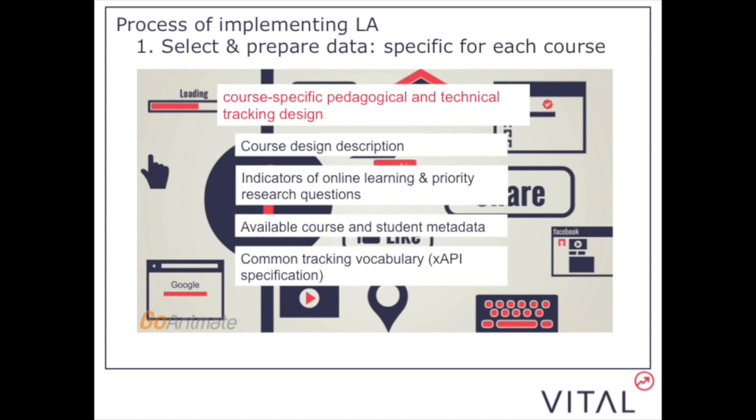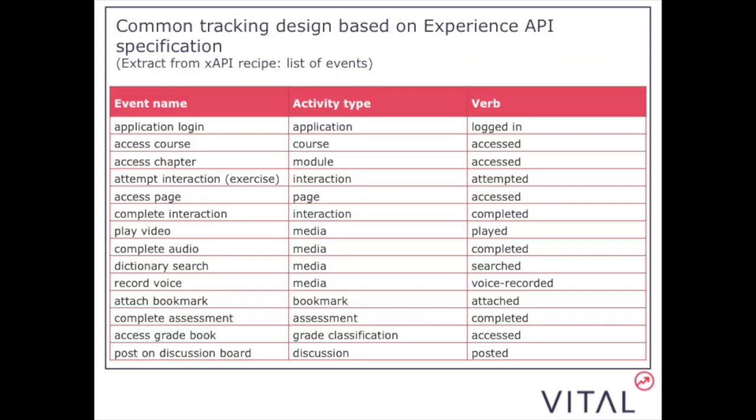And we have used a common tracking vocabulary, and this is a bit more technical. We have used the Experience API specification, which is a new standard for learning analytics. And Ben Betts, who is here today, will speak a bit more about the xAPI specification. But briefly, it has allowed us to use a common language talking about behavioral data. So for the 4 courses, we have used the same vocabulary describing the learning activities of students.